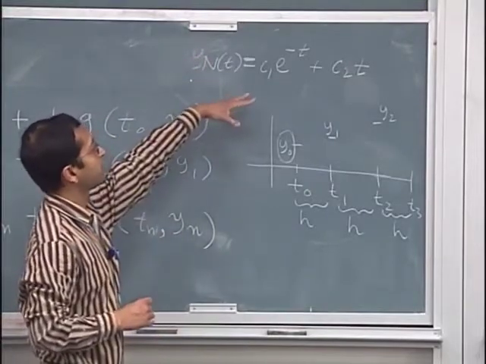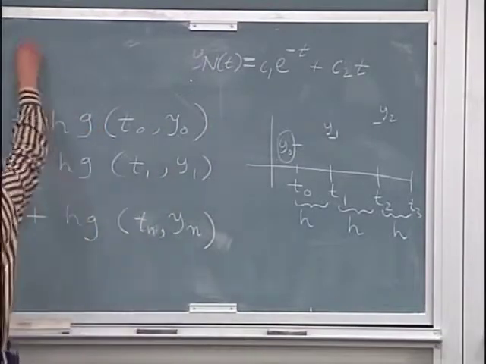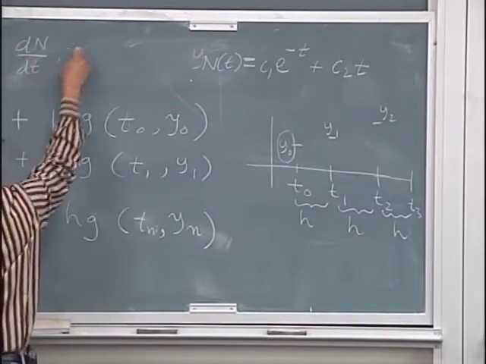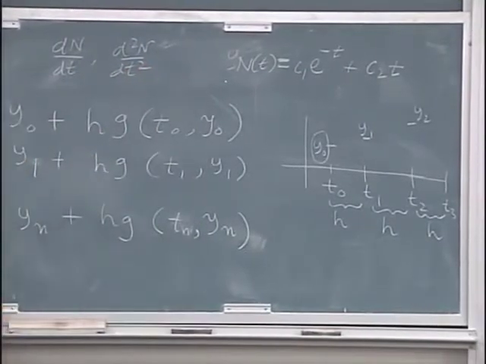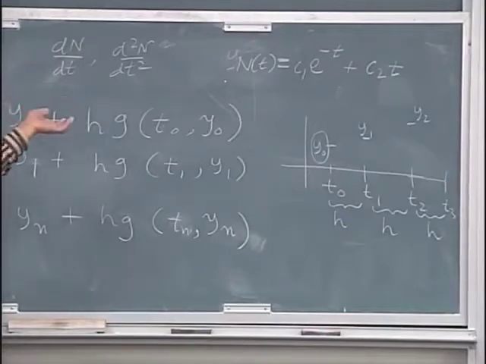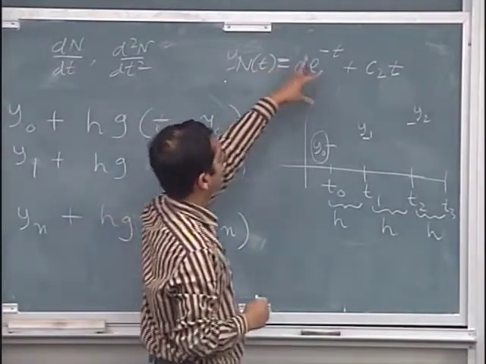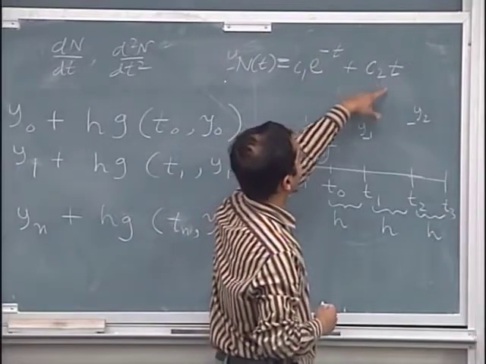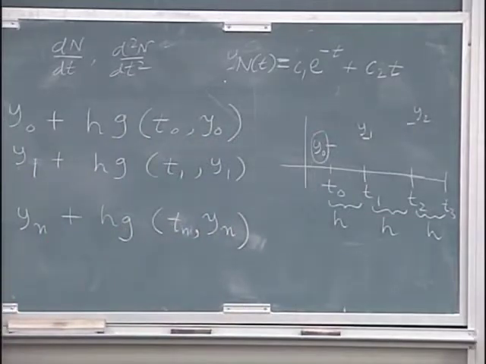So what is the advantage of having this solution? One advantage is you can easily calculate all sorts of derivatives, dN/dt, d2N/dt2. So if you have an analytical solution, you know its derivative, you know its second derivative, okay, exactly. So that's the advantage, like you know the behavior of this function, you know how exponential behaves, you know how the t function behaves, or say, sine and cosine behave. So you know the behavior of those functions, whereas here you are getting a bunch of time points and a bunch of numbers.